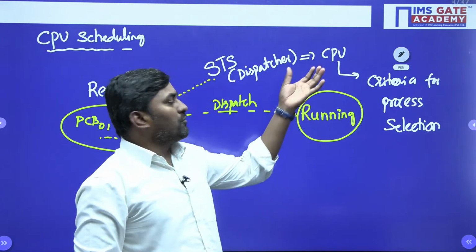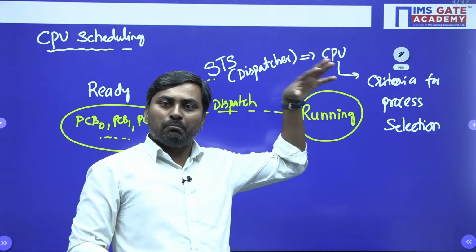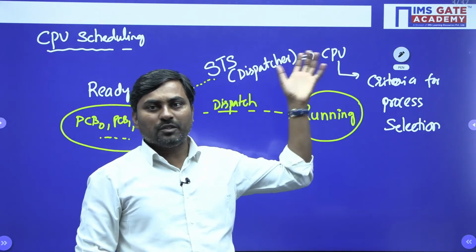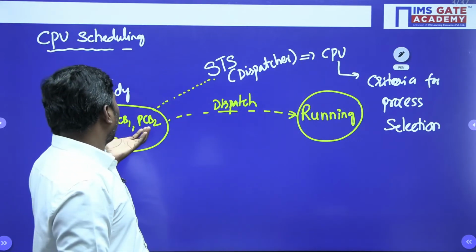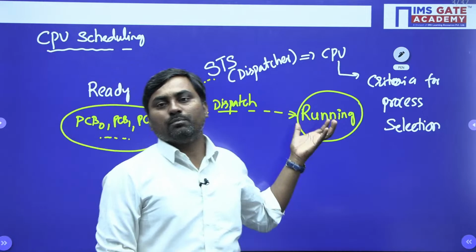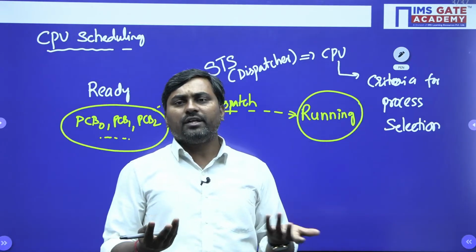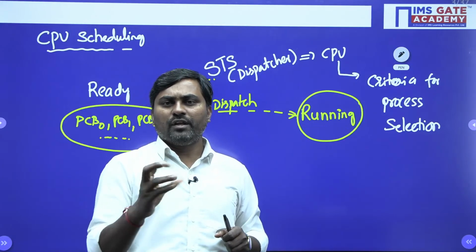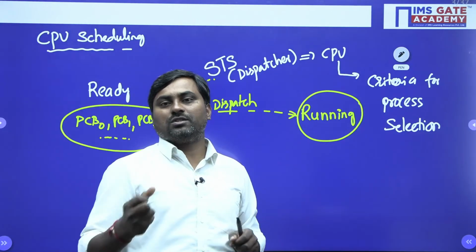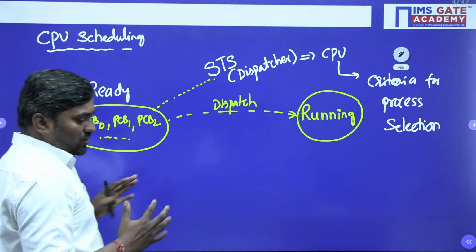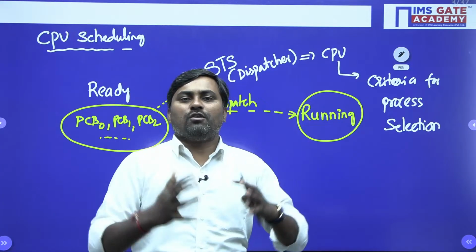CPU scheduling is nothing but the implementation of the short-term scheduler, and it uses specific criteria for selecting the PCB of a process from the ready queue and assigning it to the CPU. We have to look into various techniques, the policies for selecting a process, because the ready queue has more than one process.